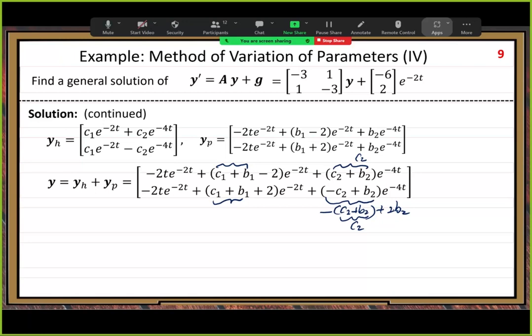Aren't they all arbitrary? Before you factor out the negative sign, can't you just combine them in the first place? Since they're both arbitrary constants, can't you just say negative C2 plus B2 is already C2? You need to consider, if you make an assumption in one place, whether your change affects some other places.